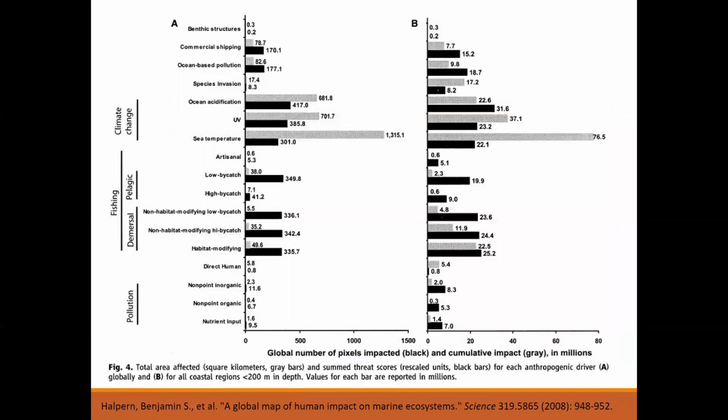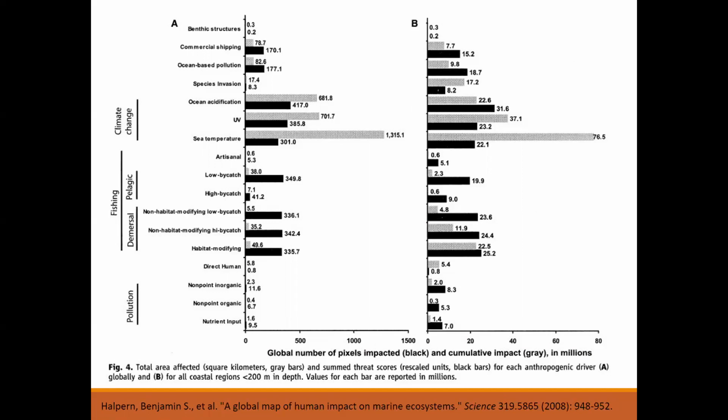This is a different chart from that same article. I posted it up here to get a little bit of practice looking at complicated charts. What we can see here are different aspects of marine ecosystems that are impacted and how extensive that impact is.